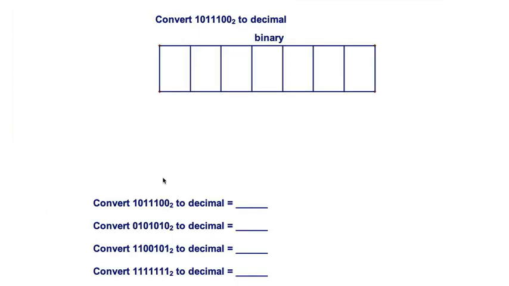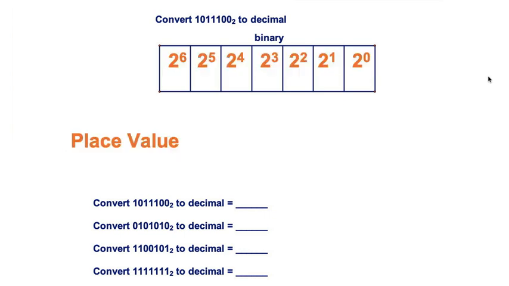Let's just consider place values like we've done before. We know that the place values can be expressed as exponents. Any non-zero number to the 0 power is 1, so that's our first place. 2 to the first power is 2, 2 squared is 4, etc. And the place values would therefore be 1, 2, 4, 8.